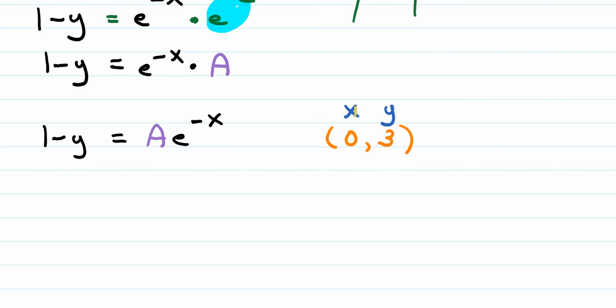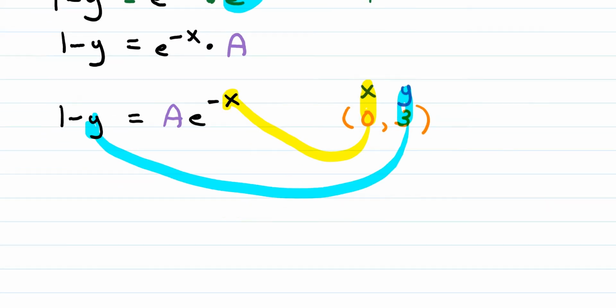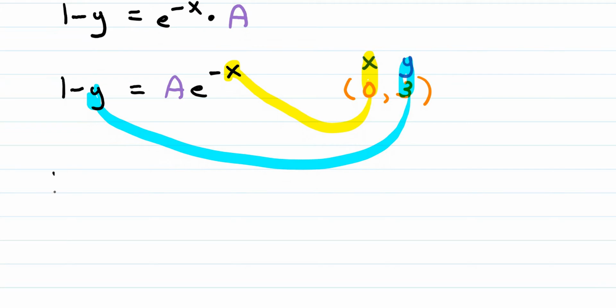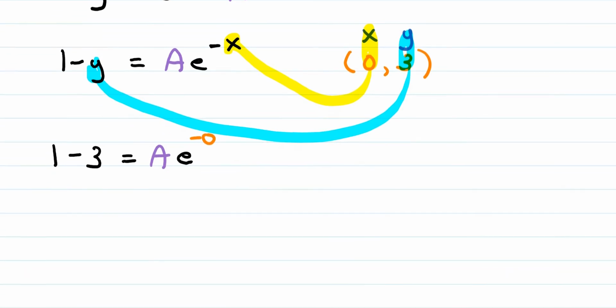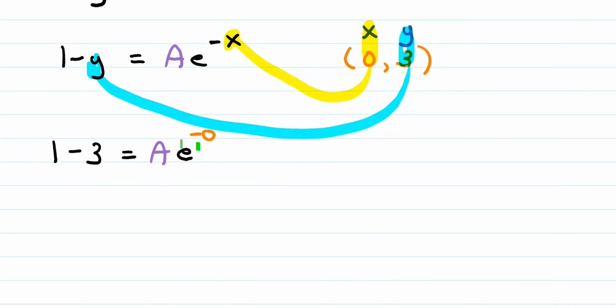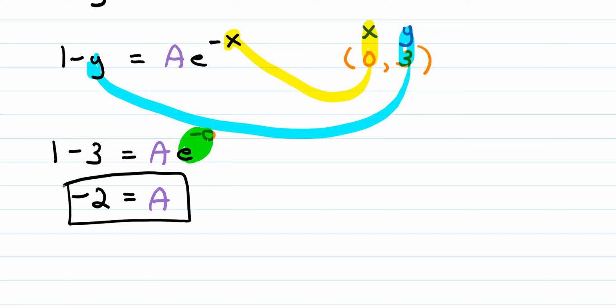Anytime I see an x, I'm going to replace it with a 0, and anytime I see a y, I'm going to replace it with a 3. This is going to be 1 minus 3 equals a times e to the power of negative 0. Anything to the power of 0 is always 1, so I just have an a on the right-hand side, and 1 minus 3 is negative 2. So my a value is going to be negative 2.